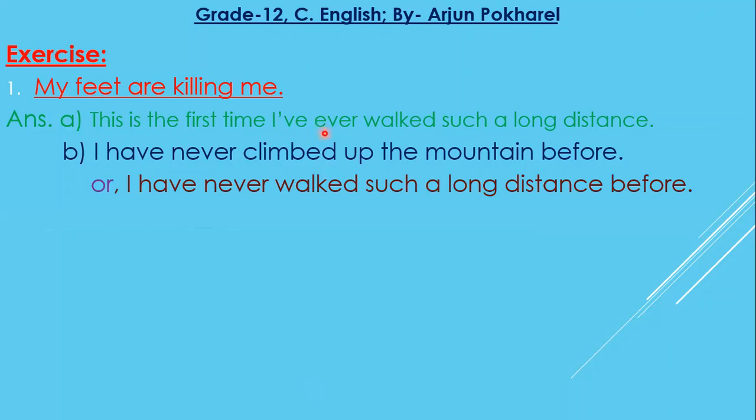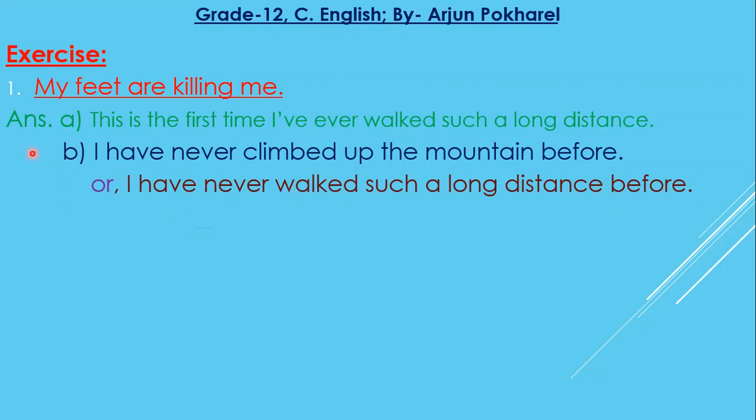Now you can see for the same sentence, only one example will be given in the exam, and you have to write only one answer. So you can change the very sentence "This is the first time" to "I have never walked such a long distance before", because you have to give your answer in a single sentence in the examination.